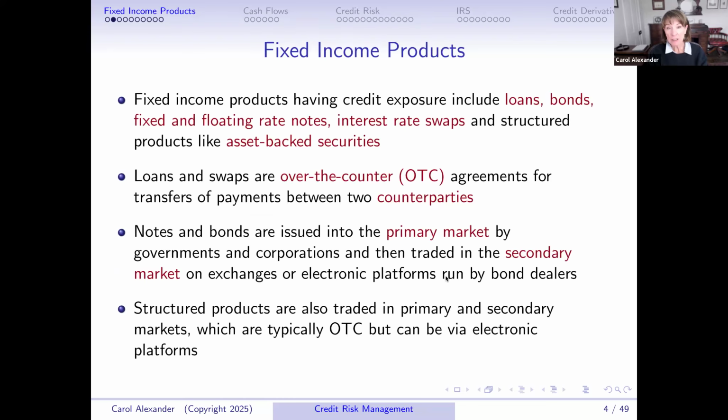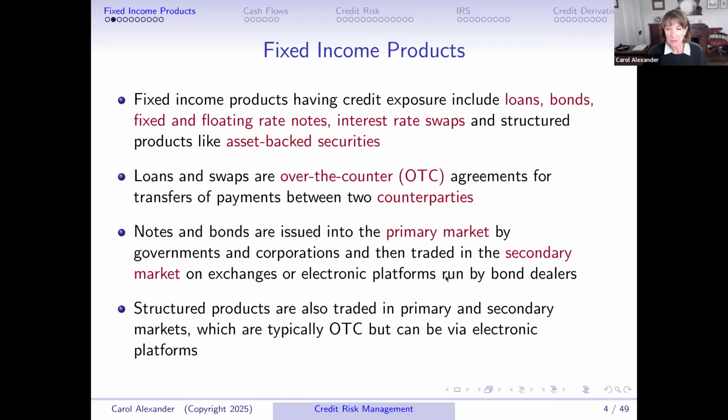So these are the products that have a credit exposure. Things like stocks have virtually no credit exposure, because when a company goes public, it's usually a very large public company that is unlikely to go insolvent completely. Nevertheless, they have a considerable market risk, which we'll be focusing on in subsequent topics.